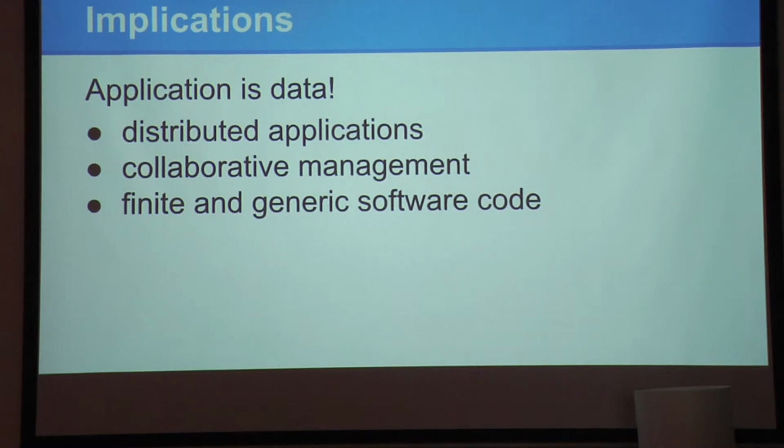It means we can make those applications distributed. Let's say I could load a remote description, a remote sitemap of the application into my own, and then extend it maybe, or change it, or fork it. And then the applications could be managed collaboratively, for example.